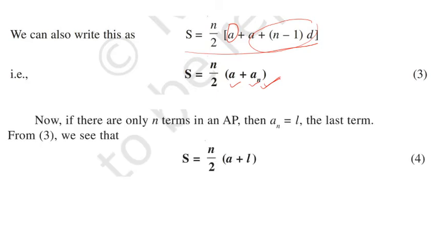Now again, this is the formula for first n terms. If the arithmetic progression is a finite arithmetic progression and the last term is an itself, then your formula will be S is equal to n by 2 into first term plus the last term, right?